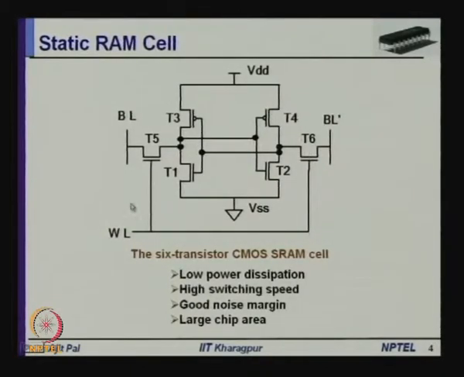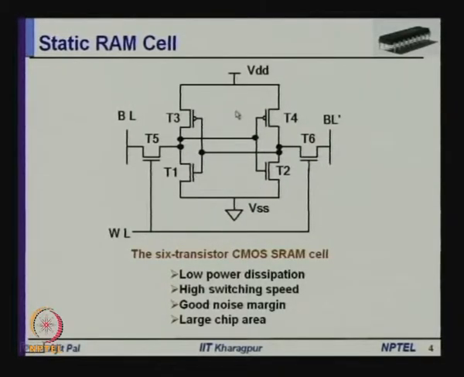You see the gates of both the transistors T5 and T6 are connected to a line known as word line. Later on we shall see the access is performed in terms of word and bit line. So, the word line, coming from the row line also you can say, whenever this is 1, this particular line is selected, these two transistors are on. Then you can access data from the information which is being stored.